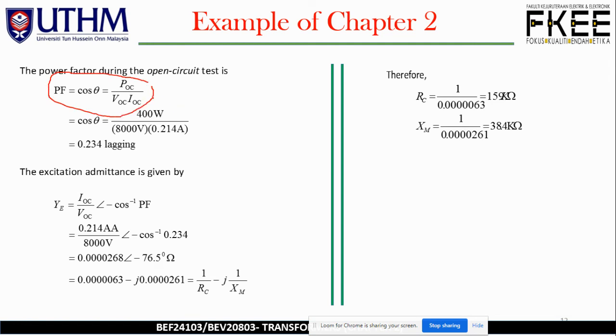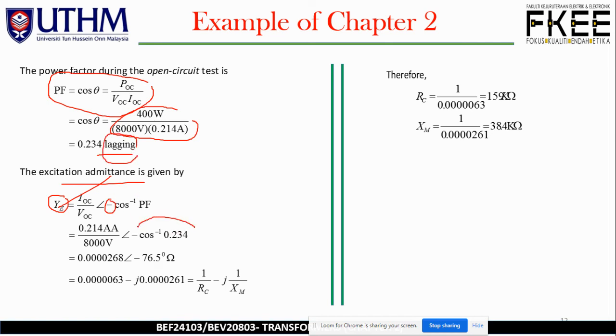So utilize the equation and substitute all the given values in the question. You may get the power factor of 0.234 lagging. The lagging has been justified in the previous slide. And then the excitation admittance is given by, remember, YE equals IOC over VOC at angle minus theta. Again, the negative is due to the lagging condition.